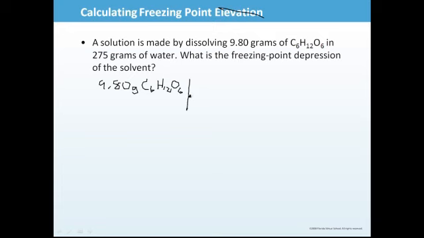And again, if we go back a few slides, we remember that the molar mass that we looked up on the periodic table was 180.1 grams per mole. Again, we divide by that to cancel out the units. So 9.8 divided by 180.1, and we're going to end up with 0.0544.